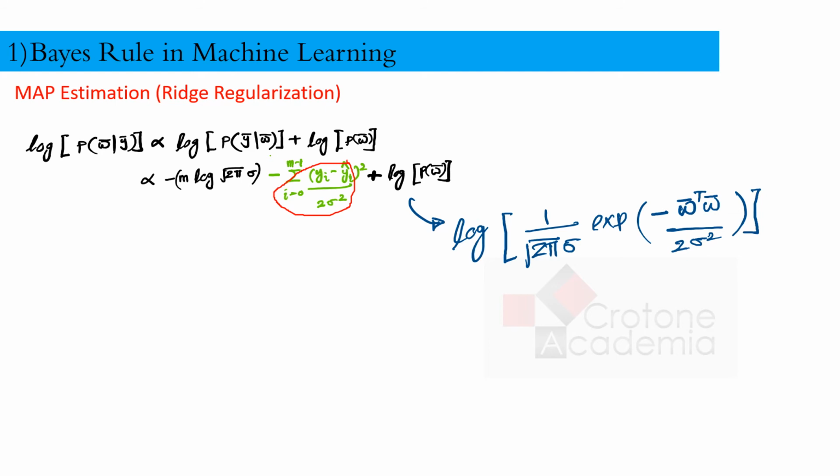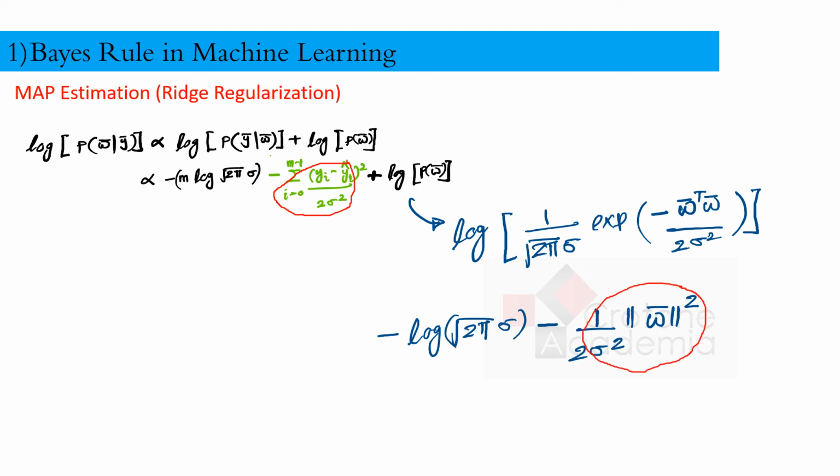If we take the log value of a Gaussian distribution, it can be divided into two parts. The first one is a constant and the second part depends on w. In this function, the only variables we have are the sum of squared differences and the part we are getting here, the squared values of weights.